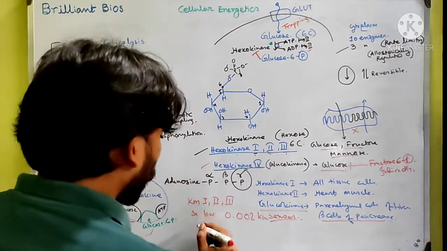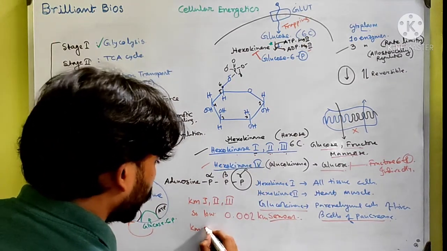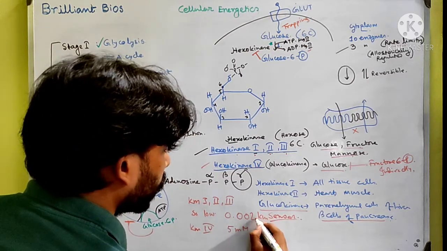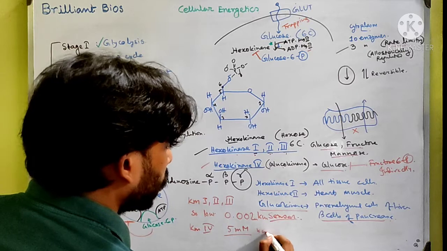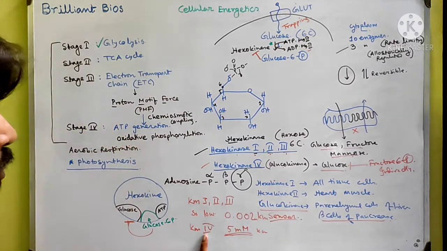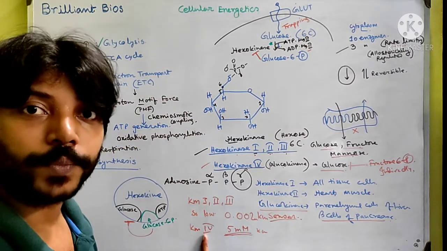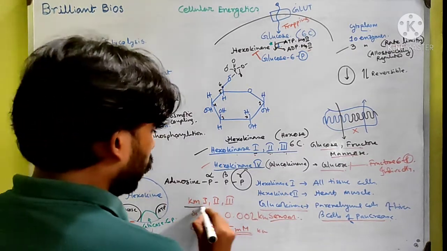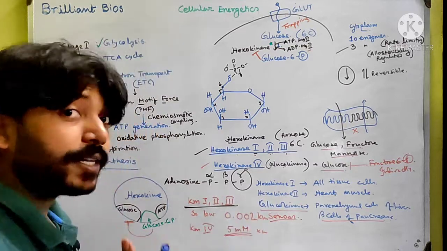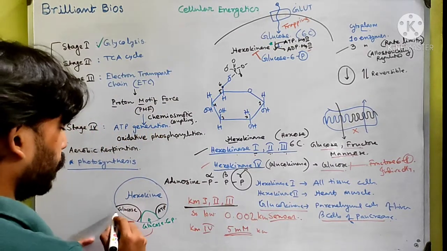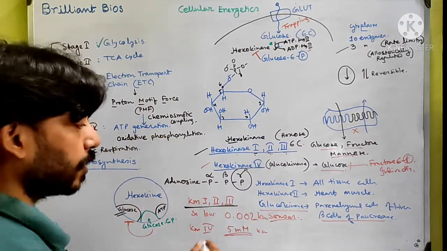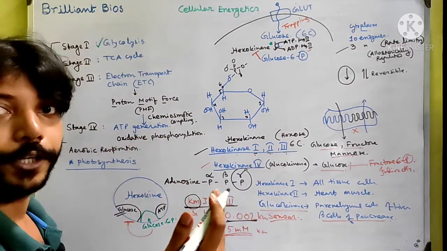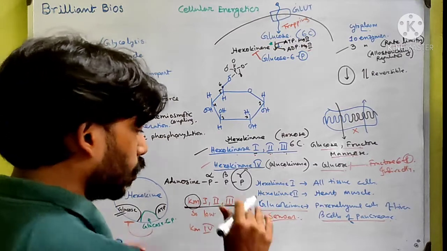Then this hexokinase 4 or glucokinase Km value is 5 millimolar. So this Km value is so high for hexokinase 4. That simply means these 3 enzymes have higher affinity towards the substrate. The lower the Km, the higher the affinity. The higher the Km, the lower the affinity.